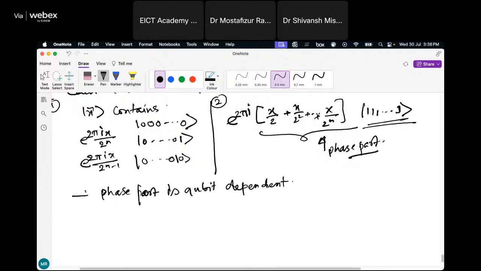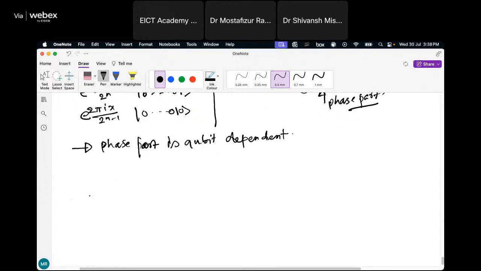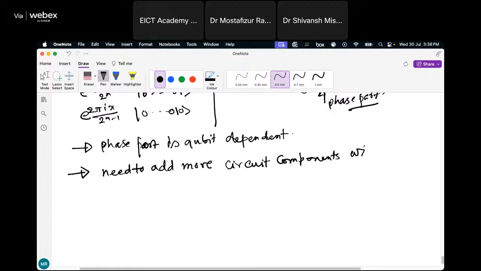Every qubit has a different phase factor now, and we need to add more circuit components with more ones in the bit string representation.